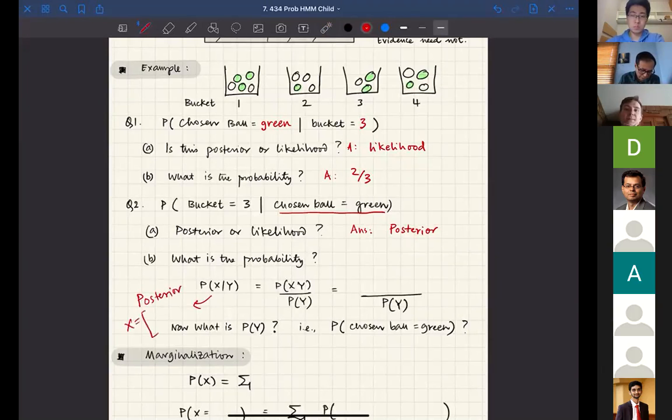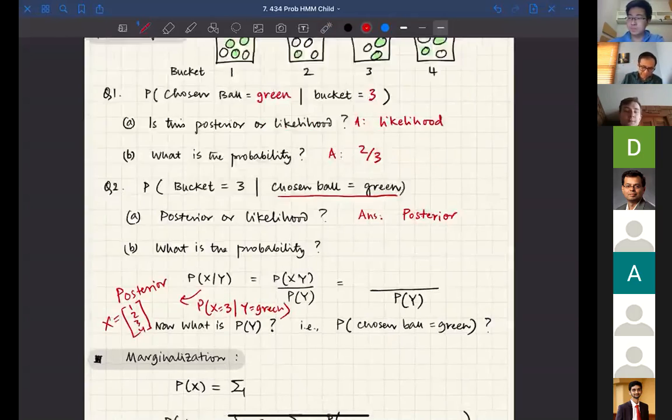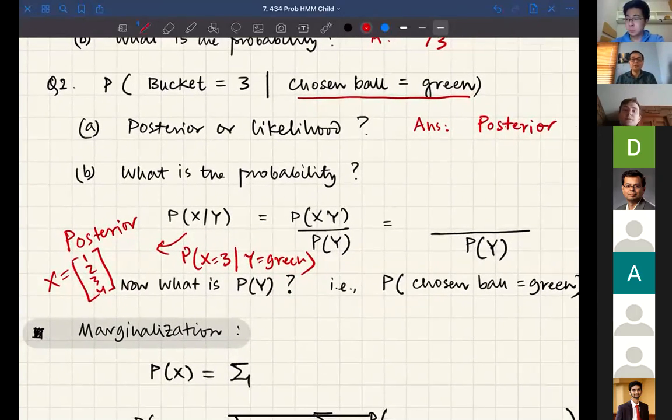X equals 1, 2, 3, 4. And we are asking, what is the probability x equals 3 given y equals green. Apply Bayes rule. This is nothing but pxy divided by py. Agree? This is Bayes rule. Now, pxy can be written as py given x times px. Why is that?